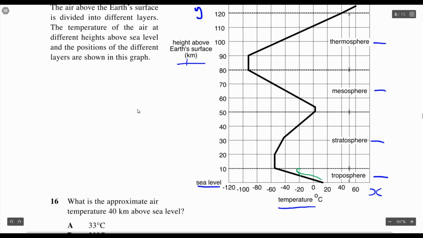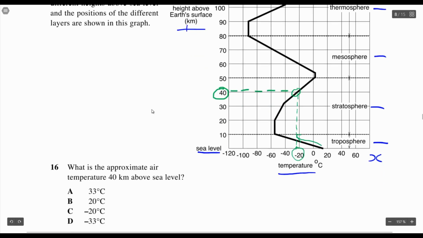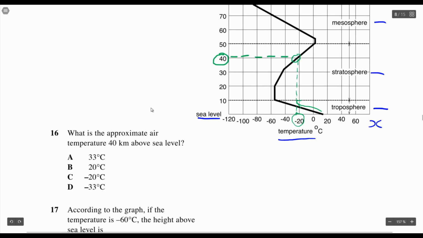So if the question says 40 kilometers above sea level, we go up to 40 kilometers and work our way to the right until we hit the thick black line. Once you hit it, you work your way down, and you will see that it's around minus 20 degrees Celsius to minus 22 degrees Celsius. So if we look at the options, the answer would be C, minus 20 degrees Celsius.